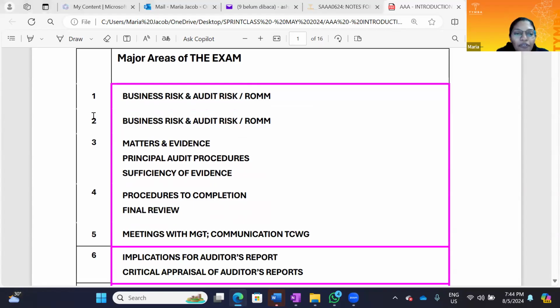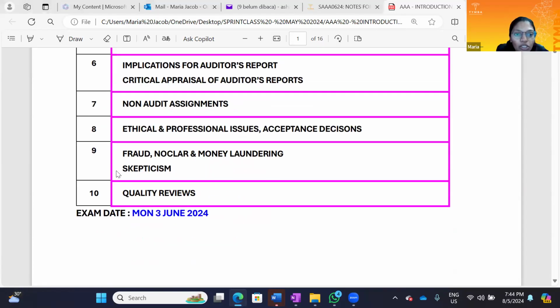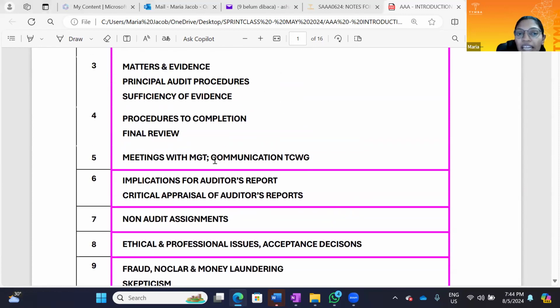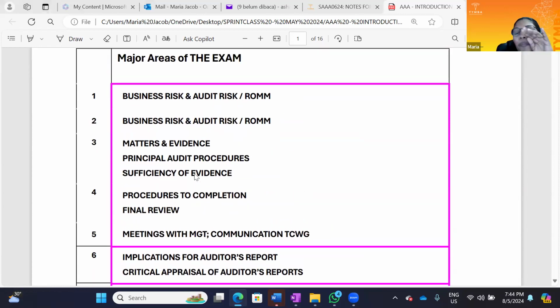Okay, so I have here 10 areas that are most important for your exam. I put here business risk, audit risk, risk of material misstatement. This one I want to do in 2 days, so that's why I split it, but never mind.